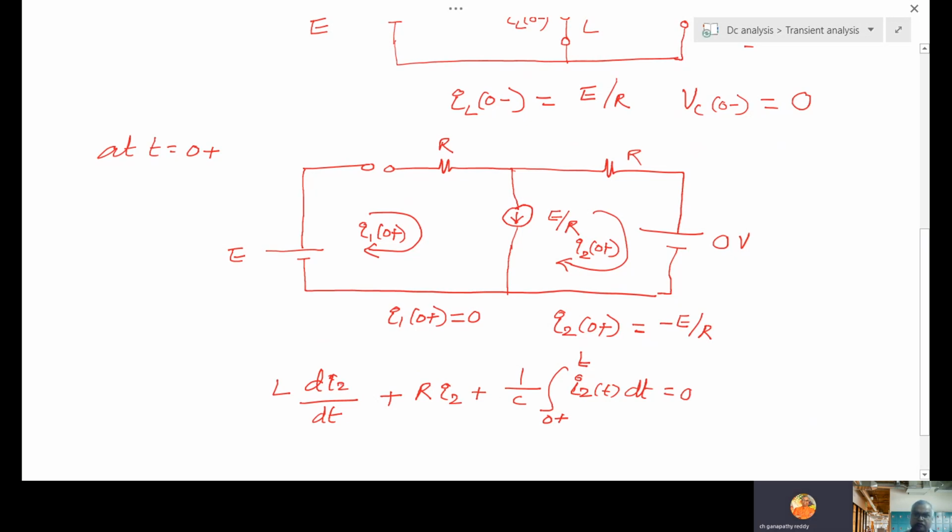Now we want i2'(0+). So L i2'(0+) plus R into i2(0+), and at t equal to 0 plus this integral term is 0.